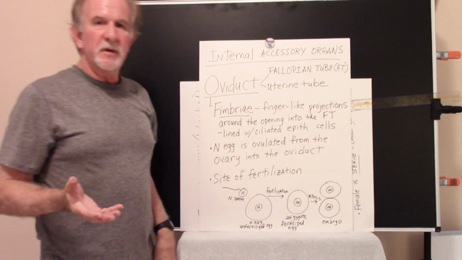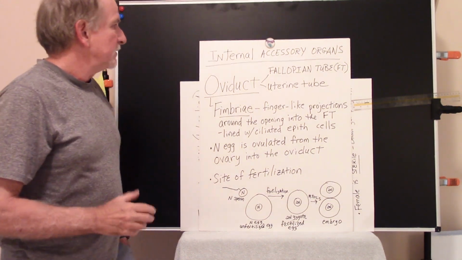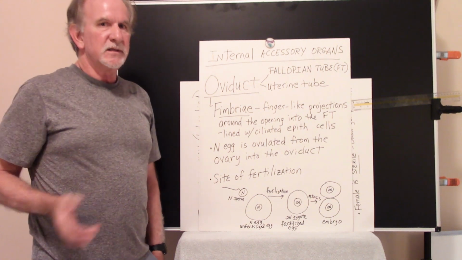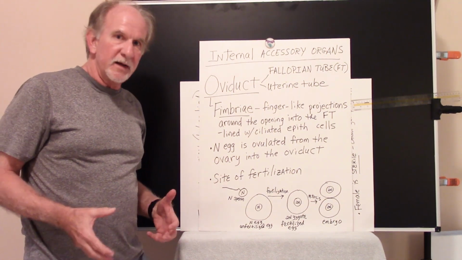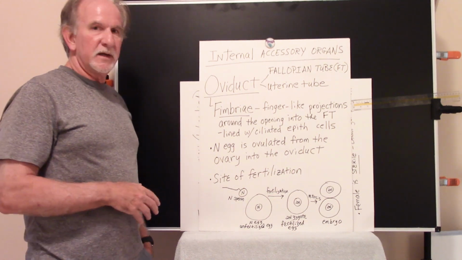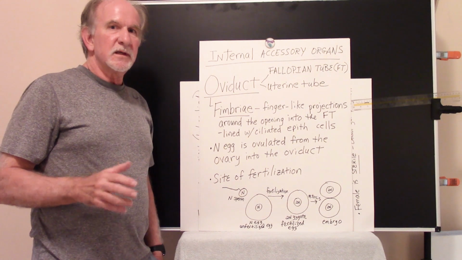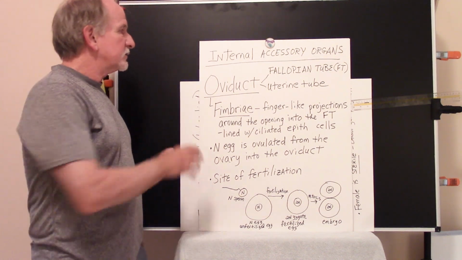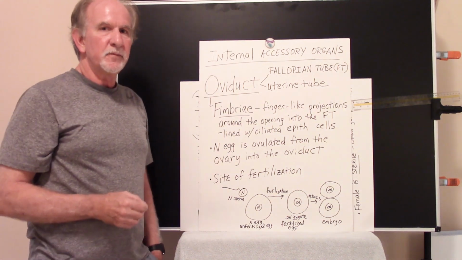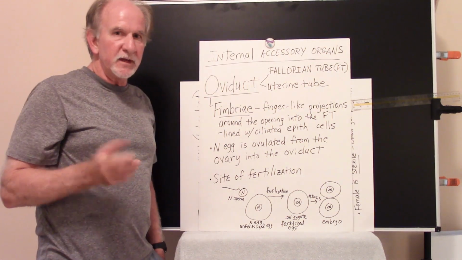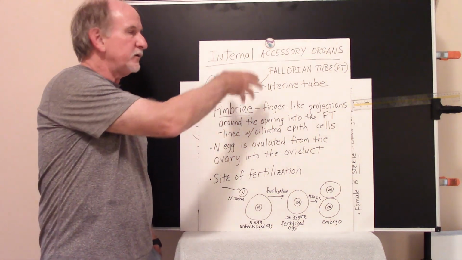So here's a little bit on the internal accessory organs. So there are several internal accessory organs beyond the ovaries, which are the gonads, and they include the oviduct, the uterus, and the vagina. So the oviduct is also known as the fallopian tube, and I'll abbreviate that FT, and also known as the uterine tube.